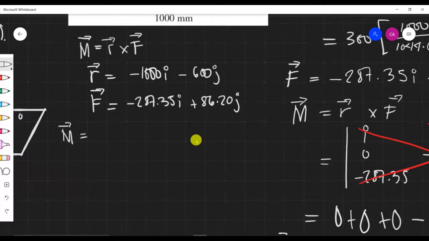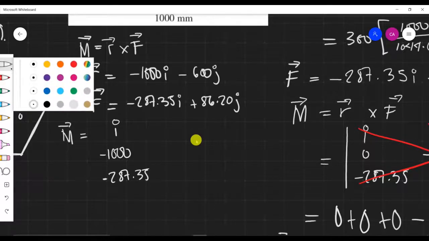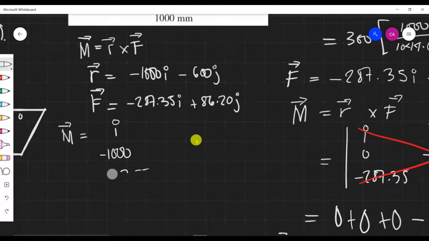So, sulat mo yung I, then negative 1,000, negative 287.35.